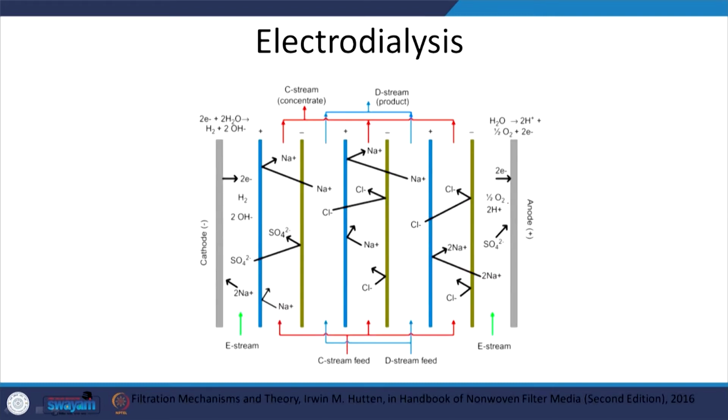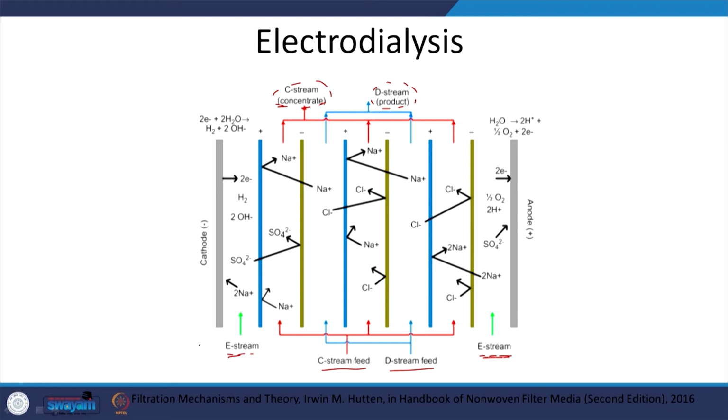So, here is a picture. Note that we have C stream and D stream. D stream is the one that I am collecting for my product, and C stream is the concentrate, or the reject, you can think of it. And E stream can be the same water as the one that you are trying to treat. Again, that is for charge balance related issues, if I am not wrong. So, what do we have here?